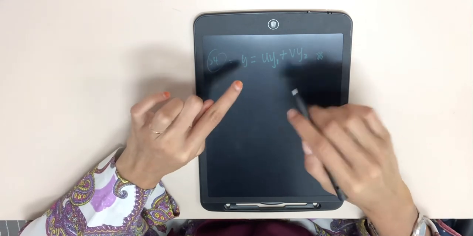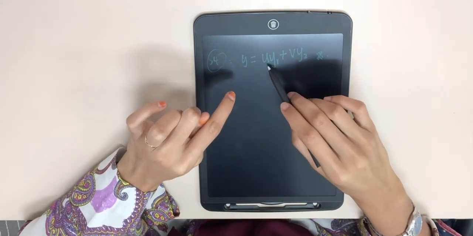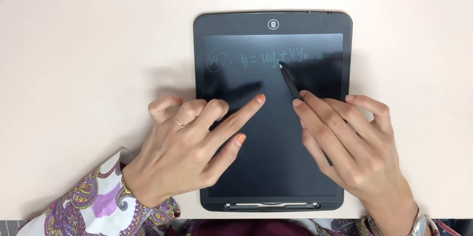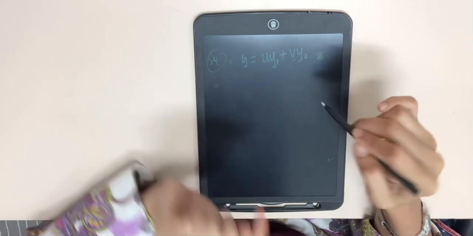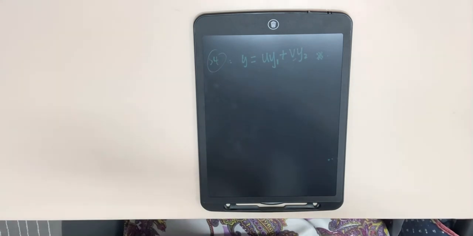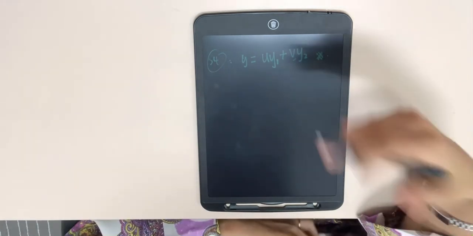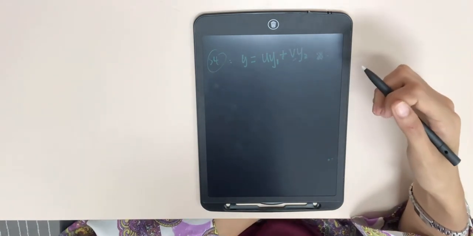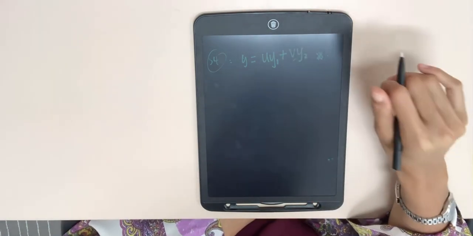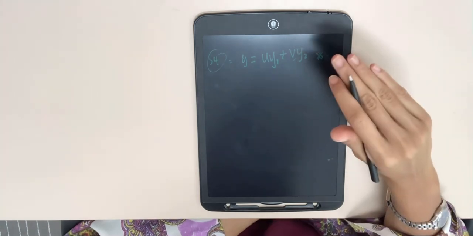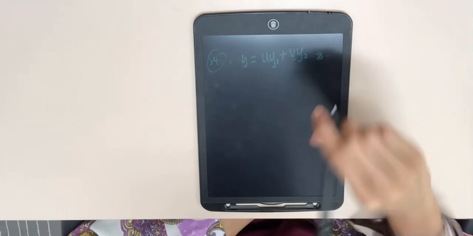U you get from step number 3, y1 from step 1, plus v from step number 3, y2 from step 1. These are the steps for variation of parameter. In the next video, I will show you an example on how to solve using variation of parameter.